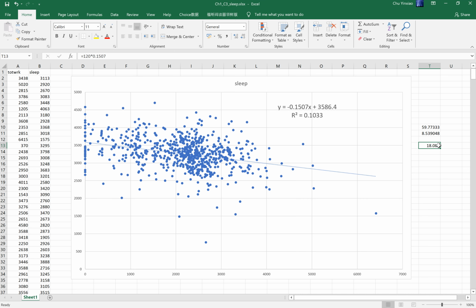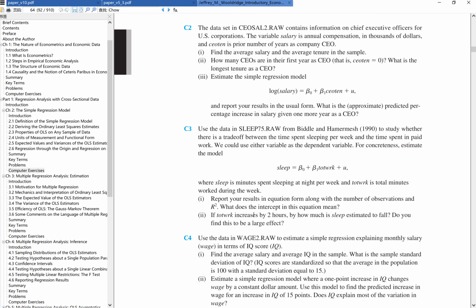And it gives you the result, which is 18 minutes. So the answer to this question: if total work increased by 2 hours, sleep is estimated to fall by 18 minutes during the week.